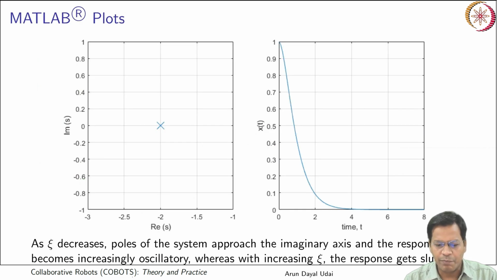This time my roots were exactly lying at the same location, and that is real. Both values in the imaginary plane were 0, it was purely real, and both were -2, as shown here.